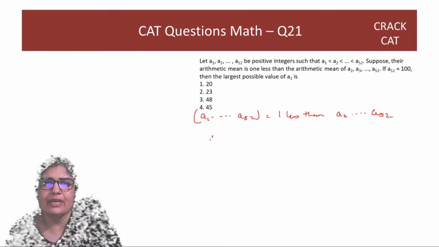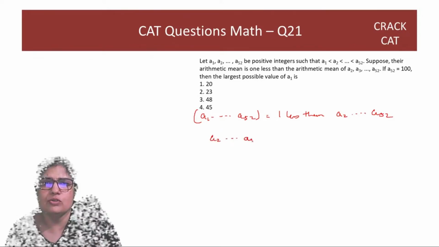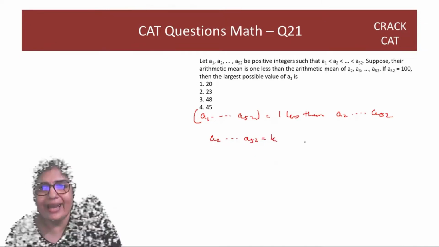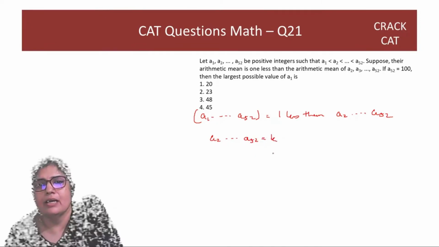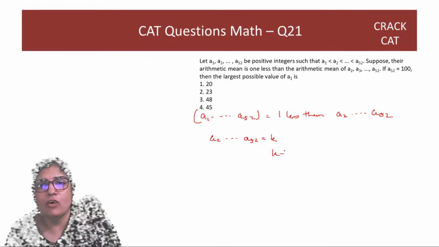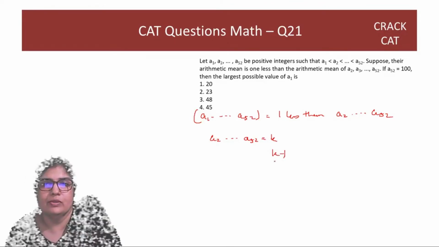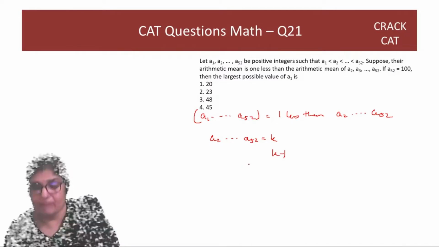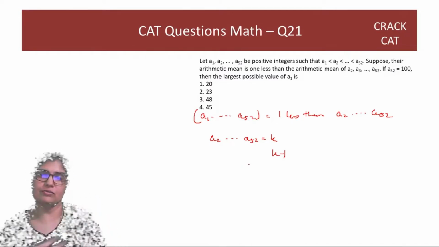So let us say A2 to A52 has some average, K. When I add A1 to it, A1 reduces the average of all of them by 1. So A1 takes that up. A1 eats up that average.